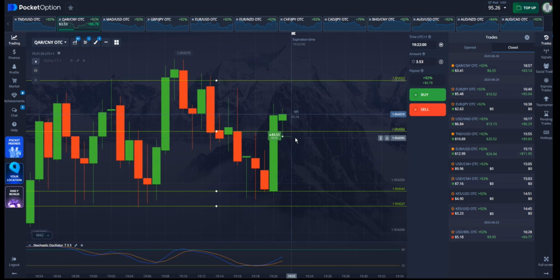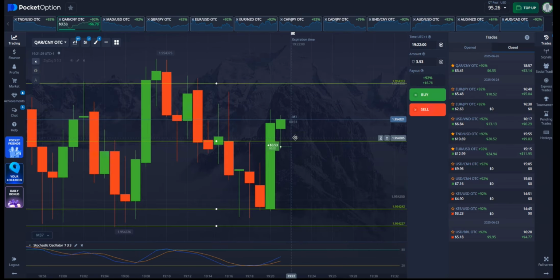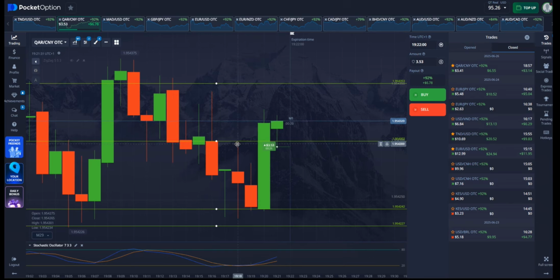This is a rejection trade. It's a very, very dangerous one though. But I took it because I believed this wick will serve as support here, and because my stochastic is showing that buyers have momentum. So if I take it just at this point, I would have a winning trade.